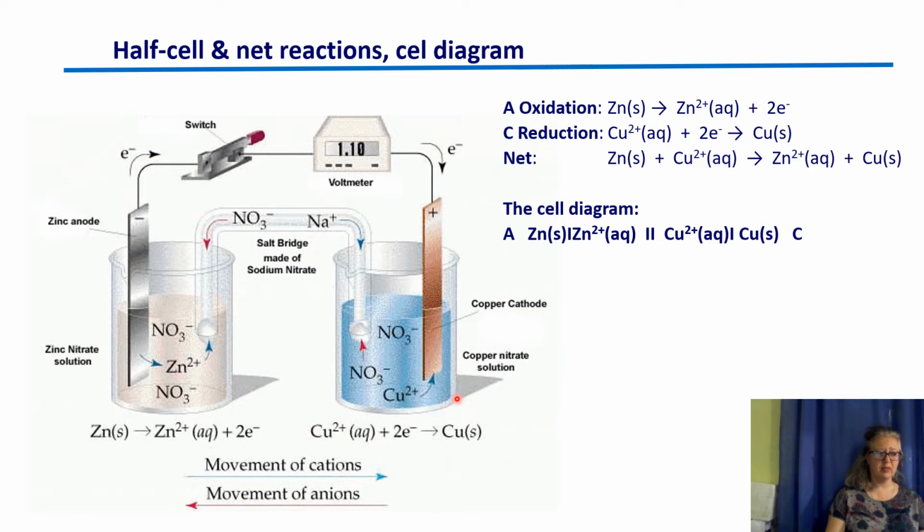This electrode is placed usually at the right side of the diagram. In this type of cell, the voltaic cell, the electricity is produced as a result of this spontaneous reaction.